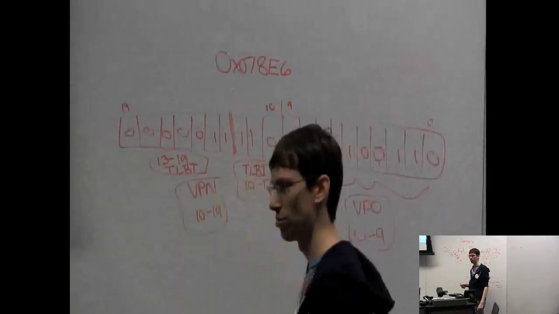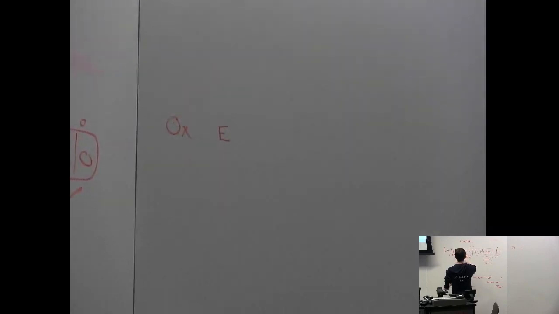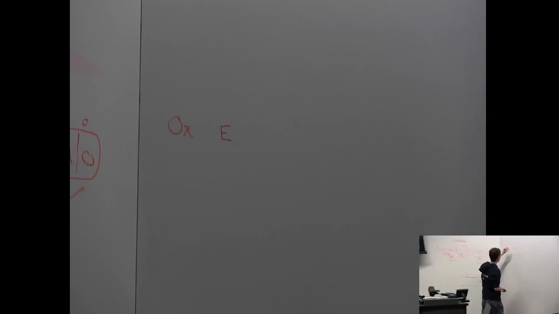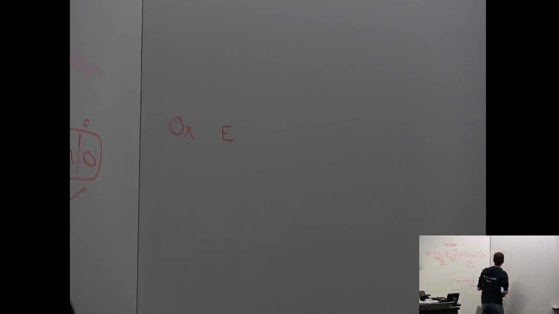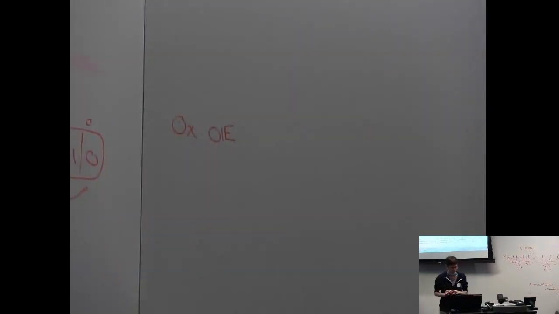You don't want to spend your whole exam figuring out binary to hex. This is something you should be able to do relatively fast. Okay, so 1110, and then we've got 0001. That's just 1, and then zeros on top. So it looks like our virtual page number is 01E.